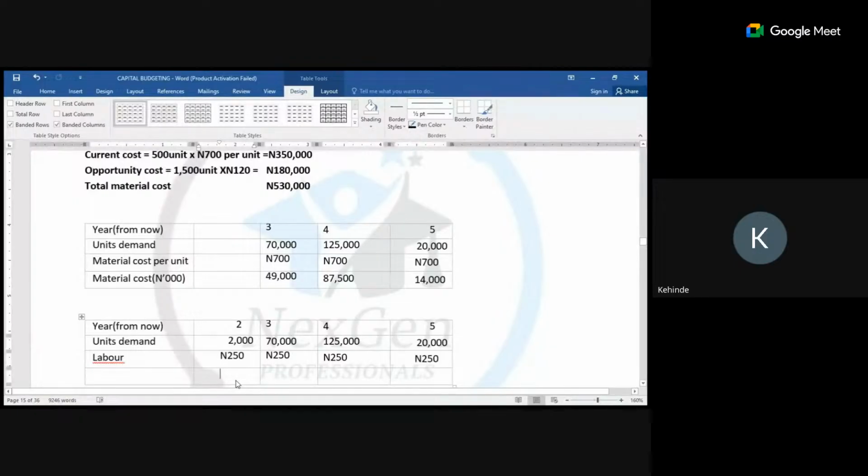We have 500. 17,500. 31,250. So we'll continue from here. What do you have? 5,000.